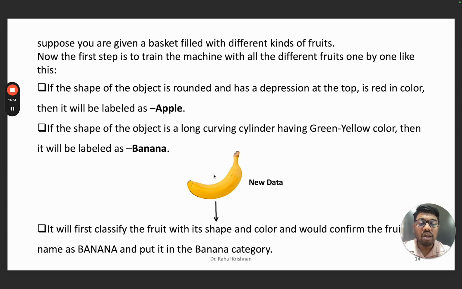Now if I give a banana as new data without any label, it will see this particular input data and match the shape, that is long cylindrical shape, and greenish yellow color. Comparing it with what it learned from the training data set, it will understand that it is a banana and predict it is a banana. So this is how supervised machine learning is working.